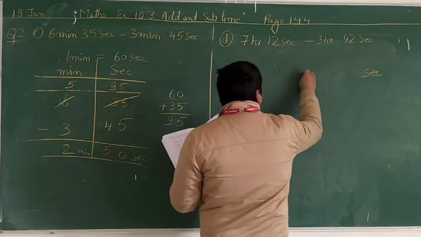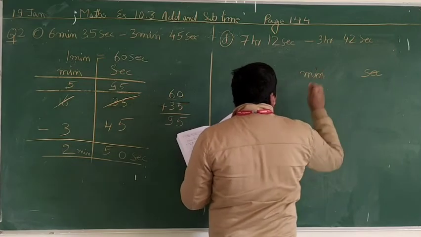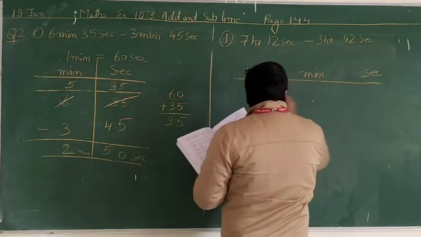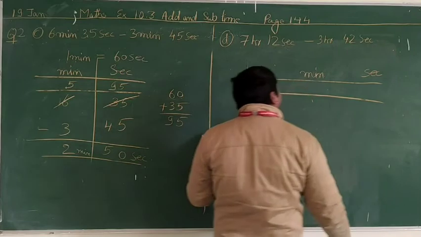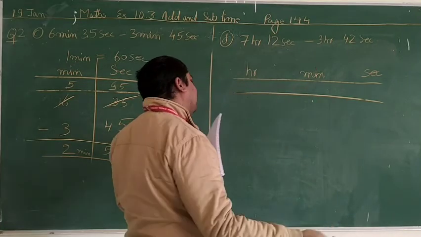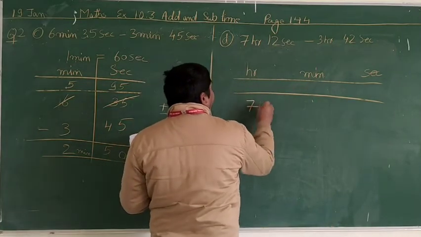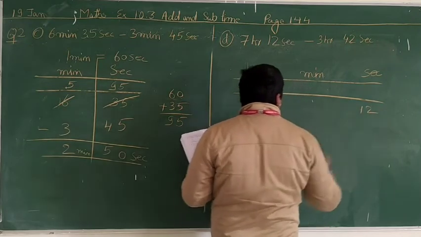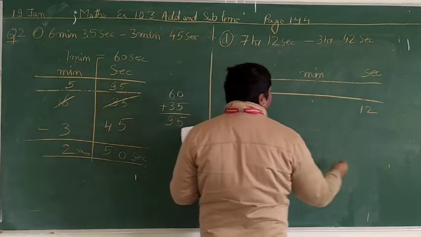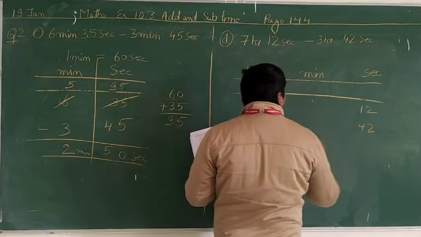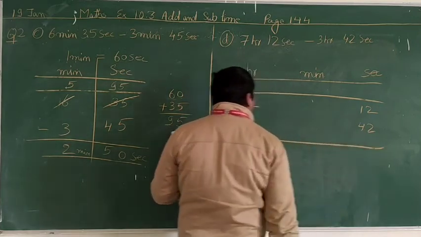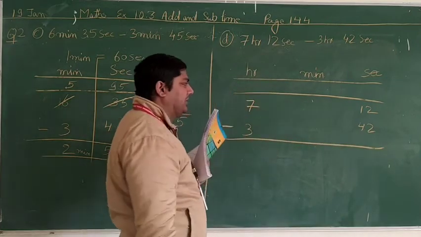Where is the minute? Let's write the minutes hand also. And here we leave one line for borrow if we have to take a borrow. Now the 7 hours and 12 seconds. Here we have 3 hours and 42 seconds. Where is minute? There is no minute in the question, so we didn't write the minute.